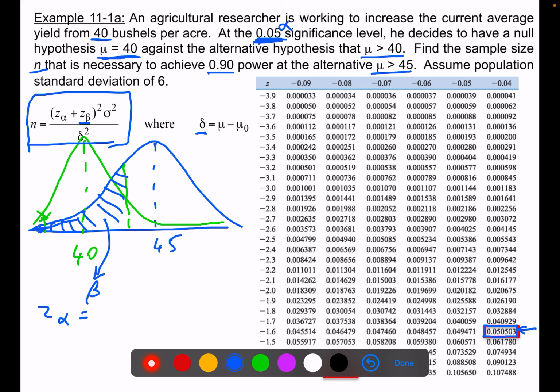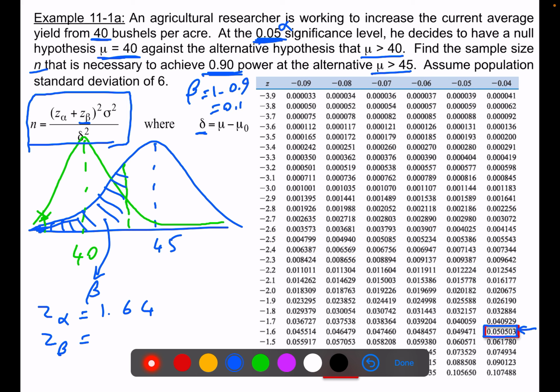And Z of beta. So the power is 90%. That means that beta is 1 minus power, 1 minus 0.9, which is 0.1. So in the table, we have to find 0.1. So here's 0.1, minus 1.28, right? So 1.28.